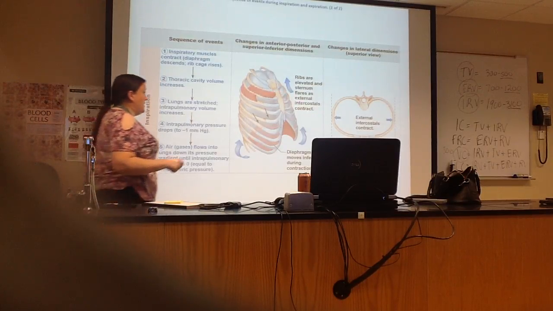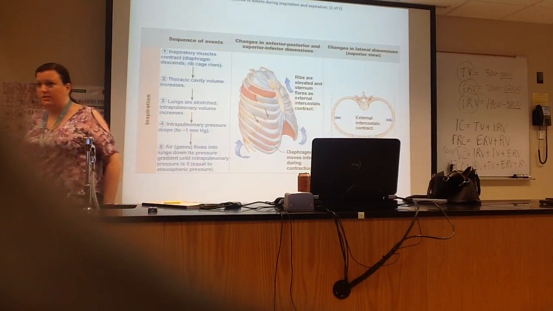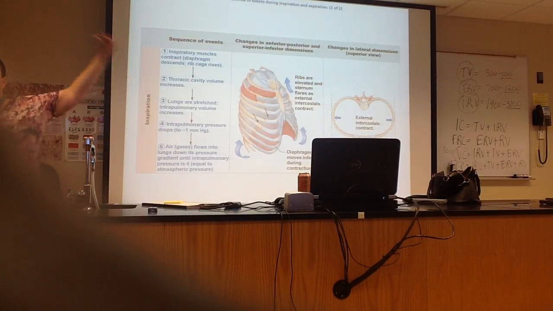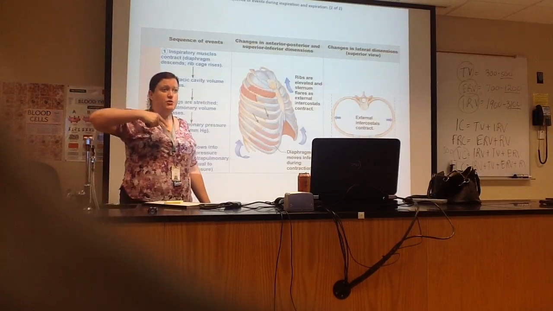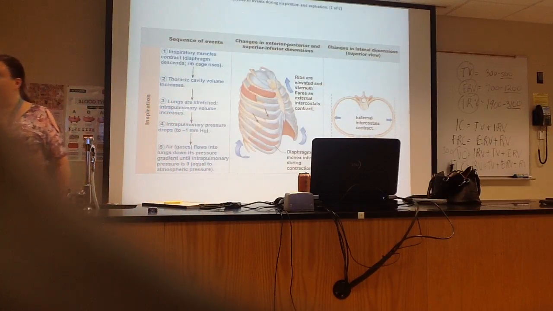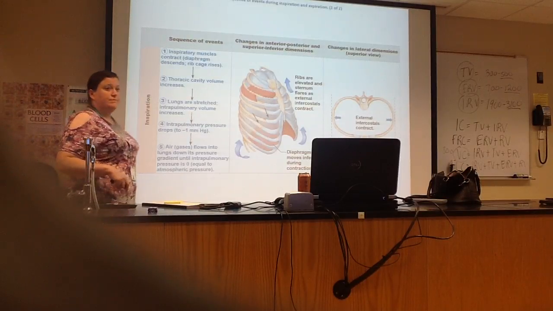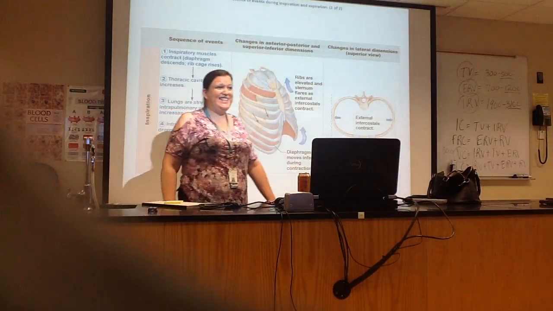When the chest volume gets bigger, based on Boyle's law, what happens to the gas pressure in the lungs? Decrease. Boyle's is the opposite, right? So if volume gets bigger, pressure drops. You need that difference in pressures between your lungs and the atmosphere for air to move. Air is going to move from high to low pressure. Now the pressure in your lungs is low, so air moves in. And it continues to move in until what? Until it matches the atmosphere again, and that's when you stop inhaling.